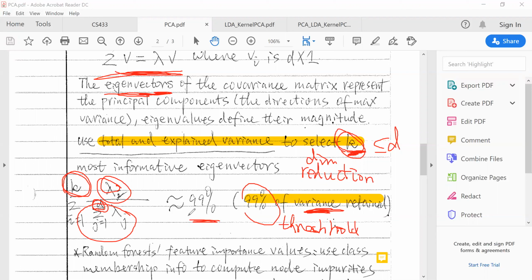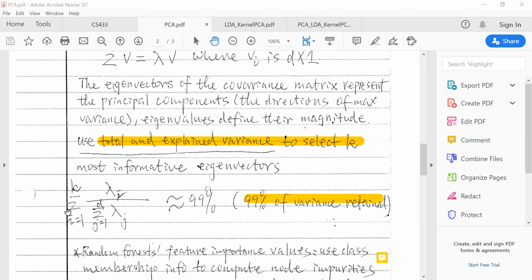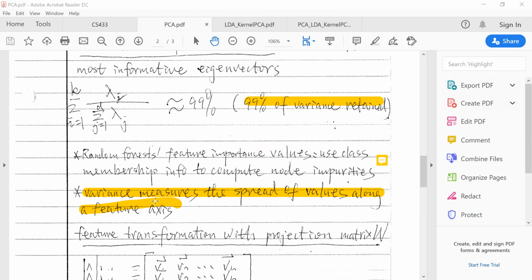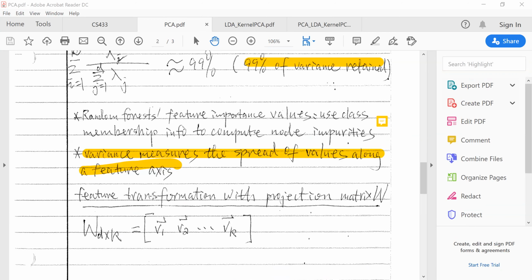Then you find the number of eigenvectors and eigenvalues that, summed together, reach your threshold. You keep those eigenvectors and eigenvalues for your principal components. So that's the math background behind the principal component.